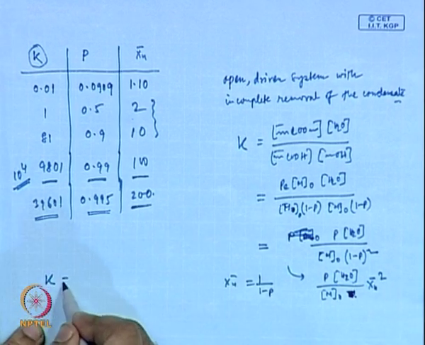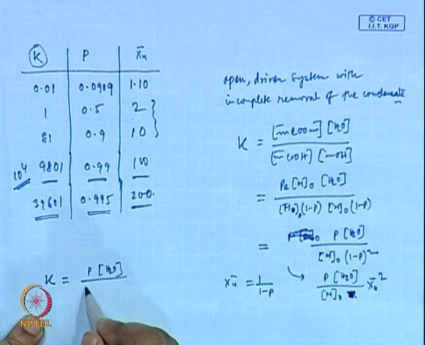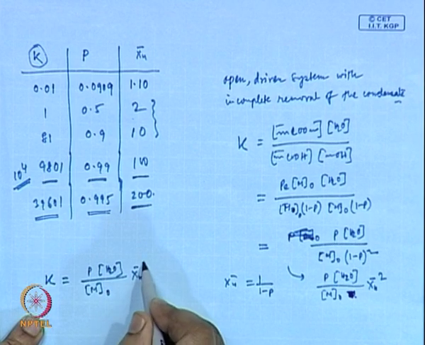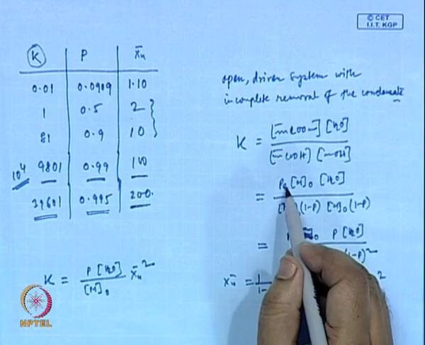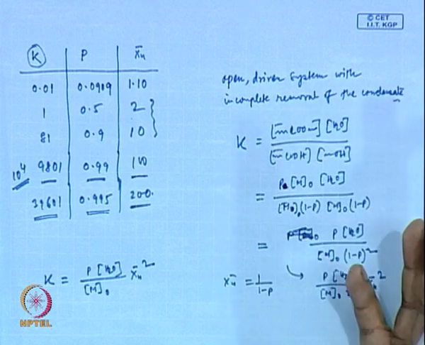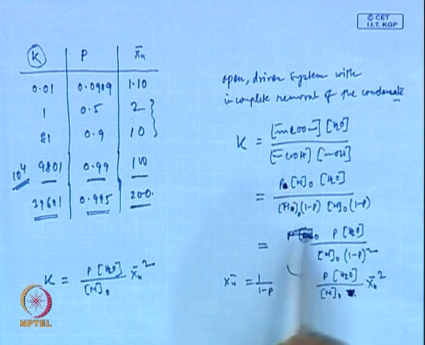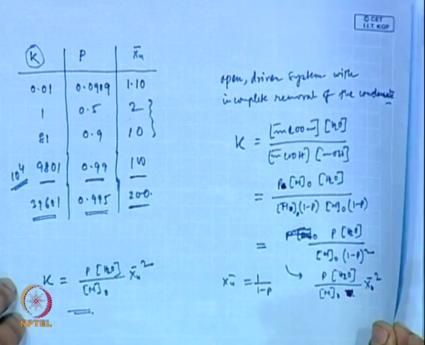So, what is finally K comes P. Here we are choosing to write P instead of P equilibrium, because the true equilibrium has not been reached, because we are taking out the condensate from the system. So, instead of P equilibrium as in the last case, we are writing P as the conversion. So, let us continue with the next page.